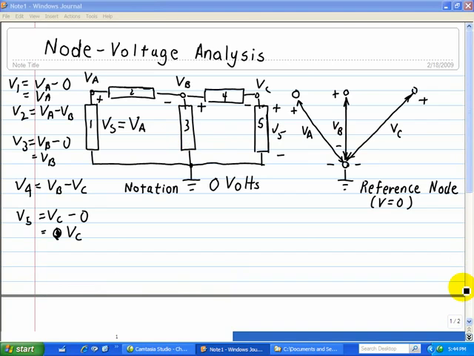Now the diagram on the right shown here is just a relabeling of the circuit, just to show you that the voltage at VA is with respect to this ground point, voltage VB is with respect to this ground point, and voltage VC is with respect to this ground point. Again, it takes 2 voltages to represent a voltage across an element.